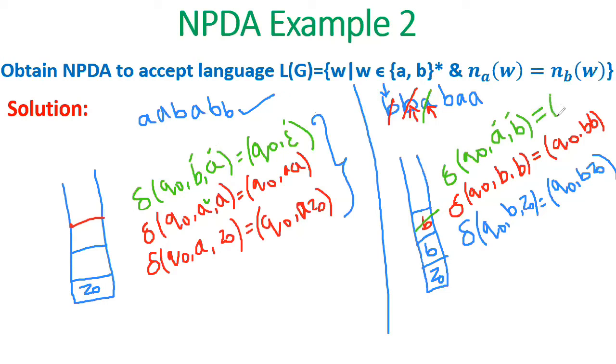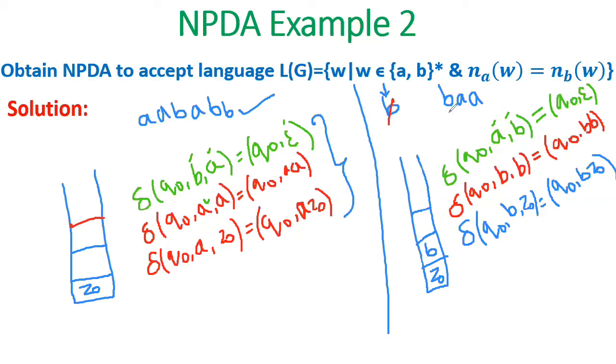So that will be Q naught on epsilon. So this A will pop 1B from the stack, isn't it? So next what will happen?